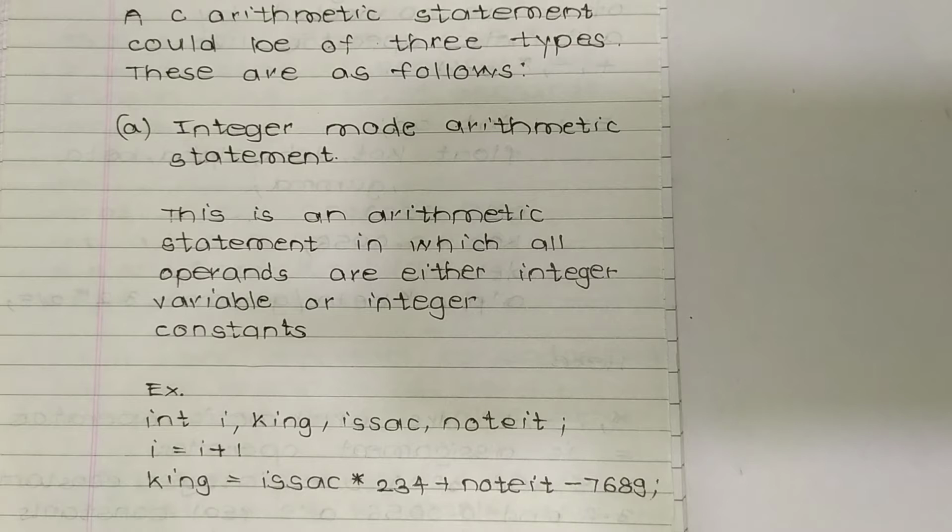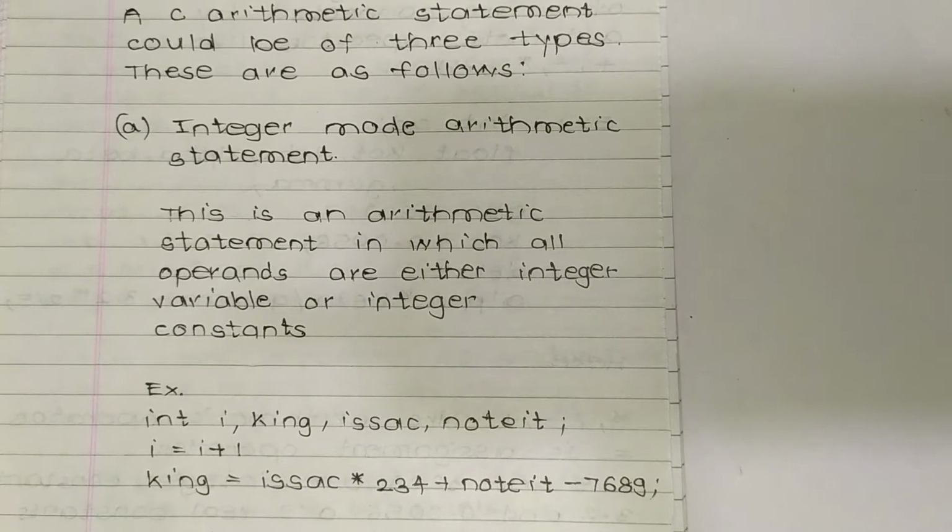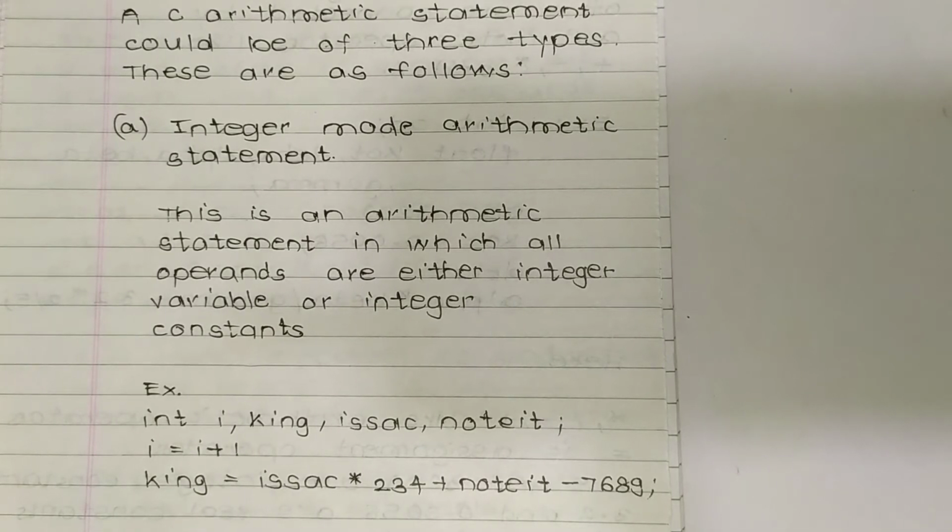So arithmetic statements have several types. The first type is integer mode arithmetic statement. This is an arithmetic statement in which all operands are either integer variables or constants. First example: int i, king, isaac, note it.